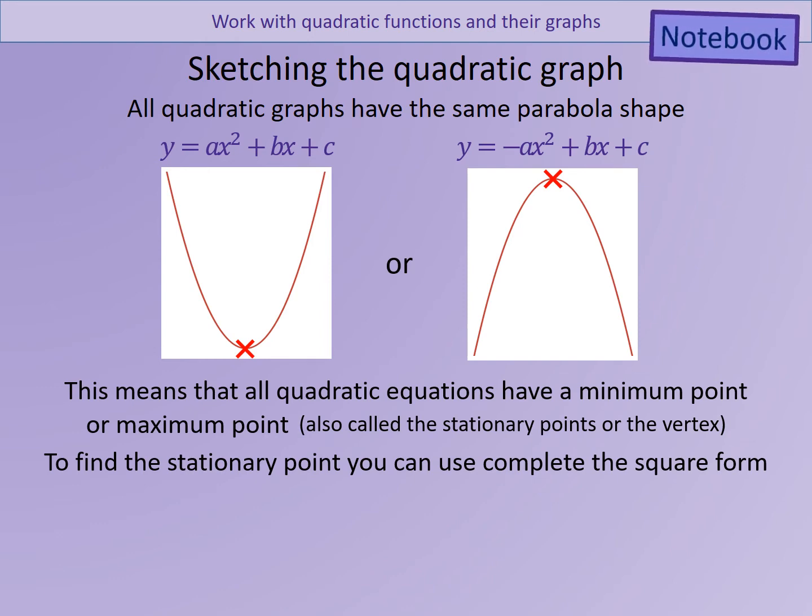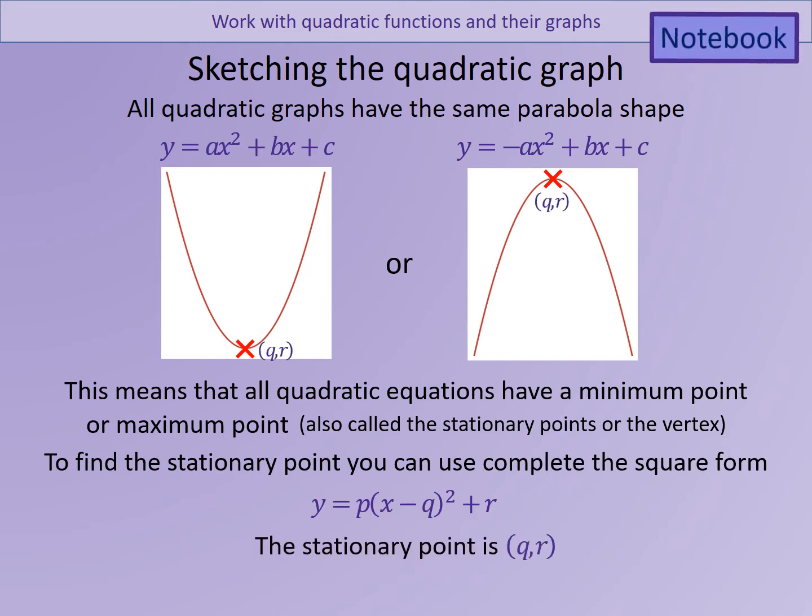So we discussed this on the very first slide, but here is the general rule for completing the square, the general format. We've seen that on a previous presentation, and the stationary point for this particular general quadratic would be at (q, r). So it's the value of x that makes the bracket equal to 0, as discussed earlier, and the value of r is as it is.